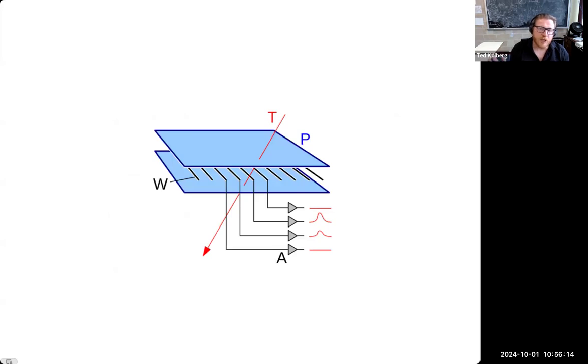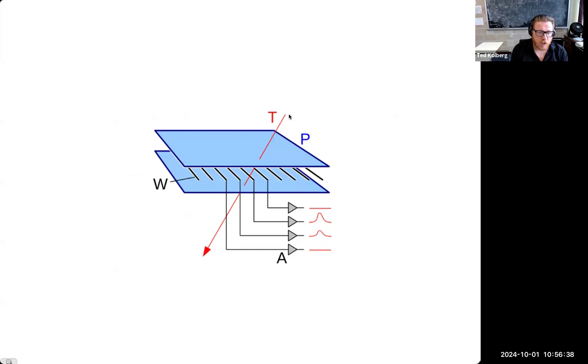So having built my chamber, filled it with the appropriate gas at the appropriate pressure, and having determined my operating voltage that's suitable for the size of the chamber, the energy of the particles that I expect to measure, and the geometry of the situation, I can then attach each of my wires to individual readout channels.